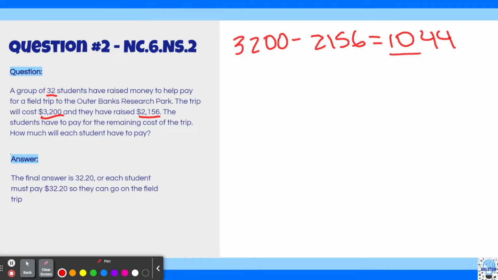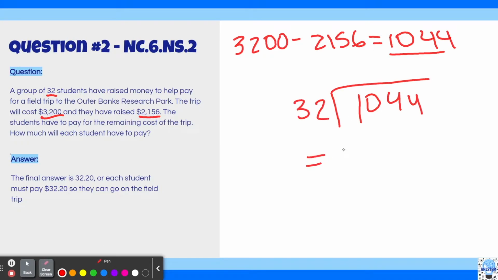So this has to be split among those students. So each of them pays that value. So we must do 1044 over 32, which will give us 32.625.